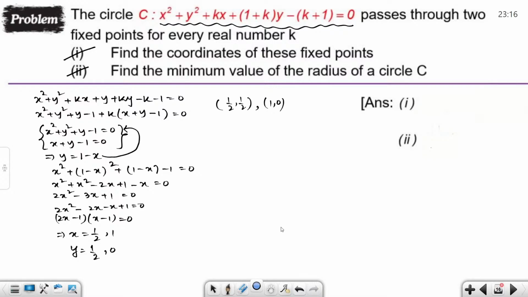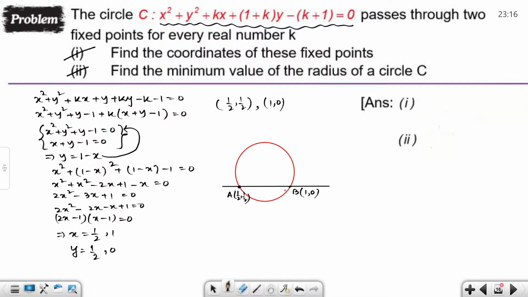Let me draw this thing first. This is my circle, and let us say this is the line. Okay? Now, this point is point A, which is actually your half comma half, and this point is your B. Let us say this point is 1 comma 0.